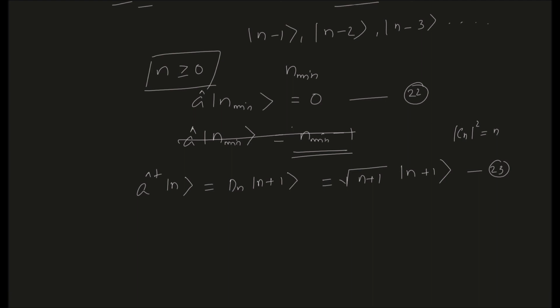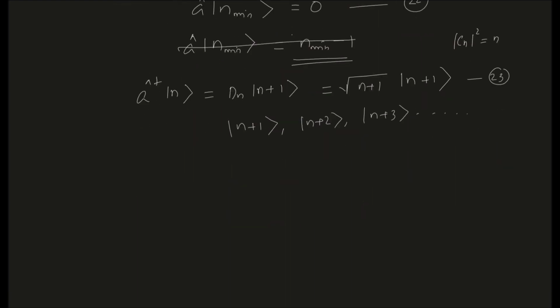So this equation again implies that the repeated application of a dagger on |n⟩ should generate an infinite sequence of eigenvectors. So it should generate states like |n+1⟩, |n+2⟩, |n+3⟩, etc. Okay. So since this n is a non-negative integer, the energy spectrum of the harmonic oscillator is discrete.